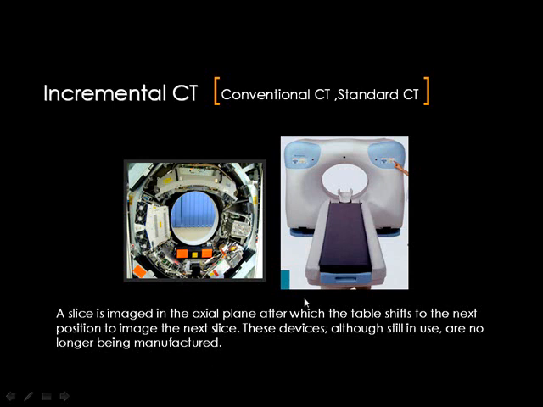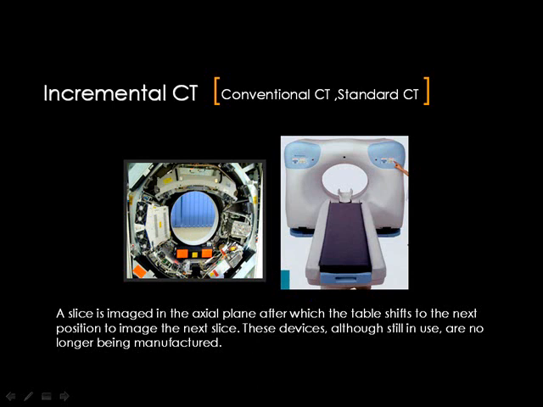I said that whenever you would like to have a section in the human body, the X-ray tube and the detector should rotate a full cycle around the human body. But this was not feasible in the older machines because this X-ray tube is connected to the ground or to the wall by electricity cables.